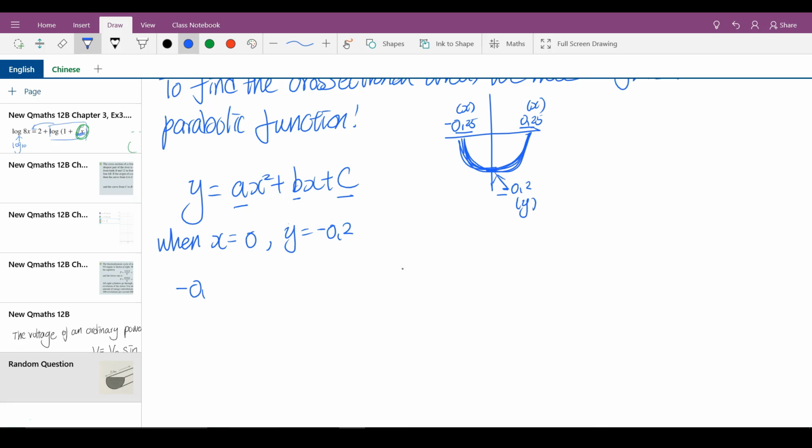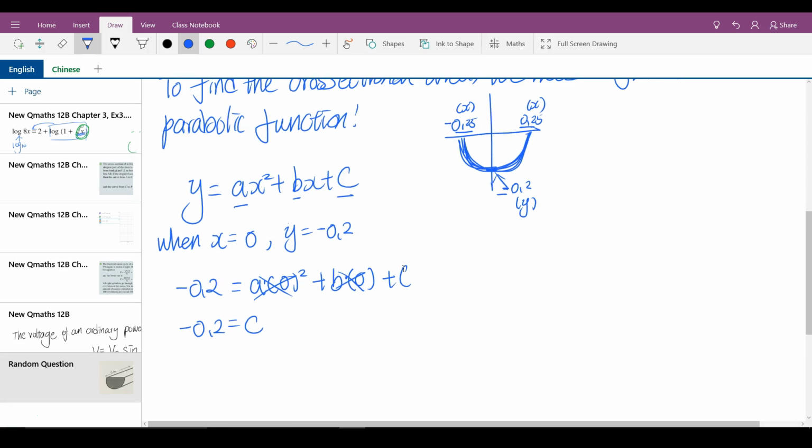So negative 0.2 is equal to a multiplied by 0 squared plus b multiplied by 0, plus c. So this cancels, becomes 0. So negative 0.2 equals c. Correct? Cool, we already got one.